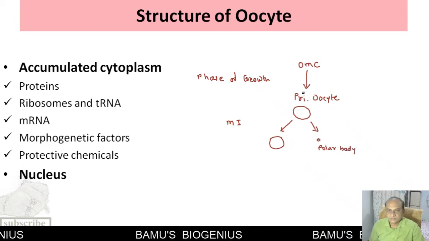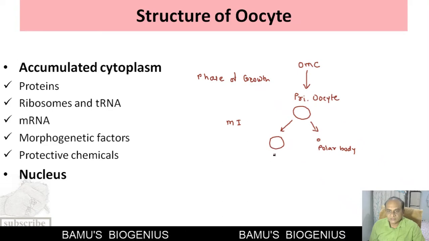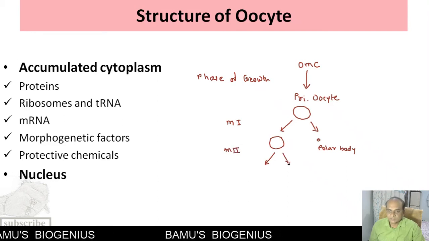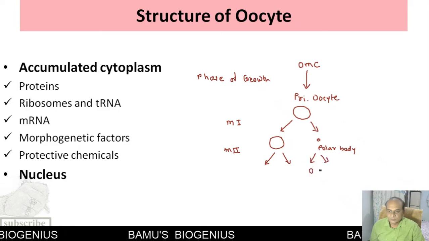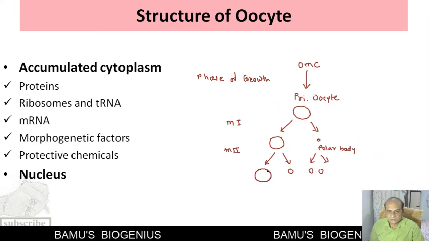That means whatever accumulation of cytoplasm is there is conserved in the daughter cell. Again, in M2, the same division is observed, the polar bodies are formed. Again, a secondary polar body is formed and the oocyte is formed.